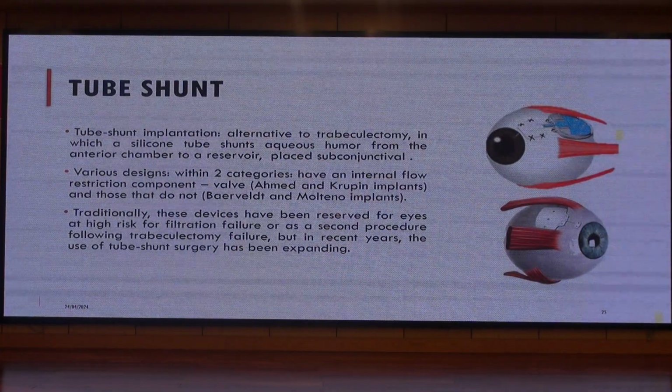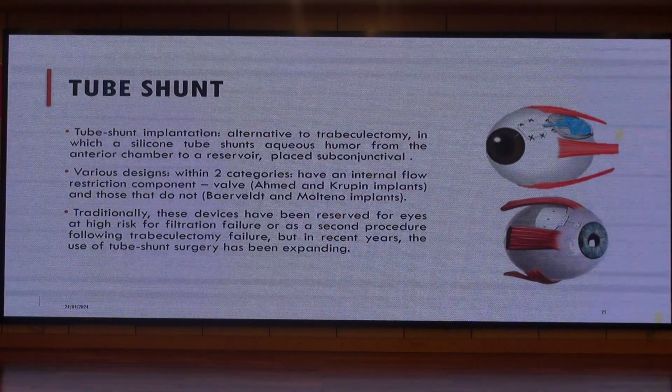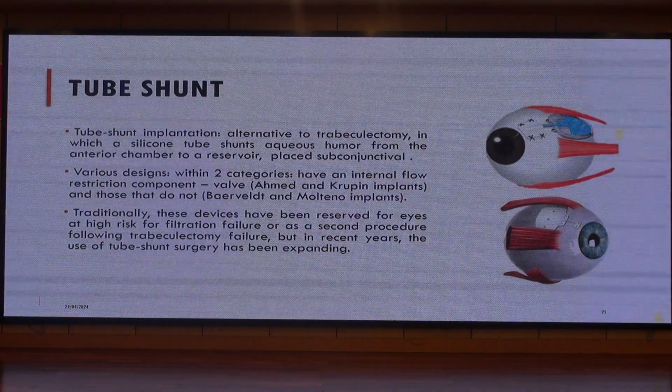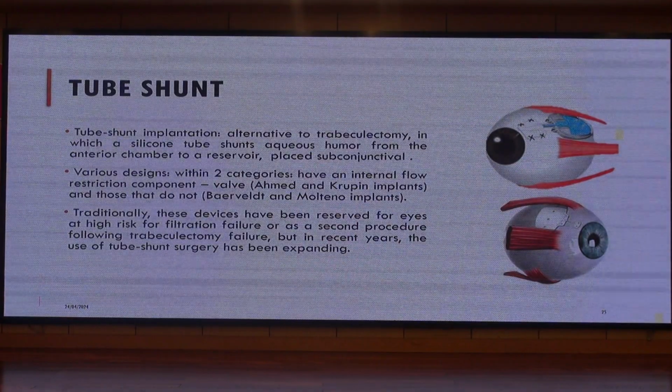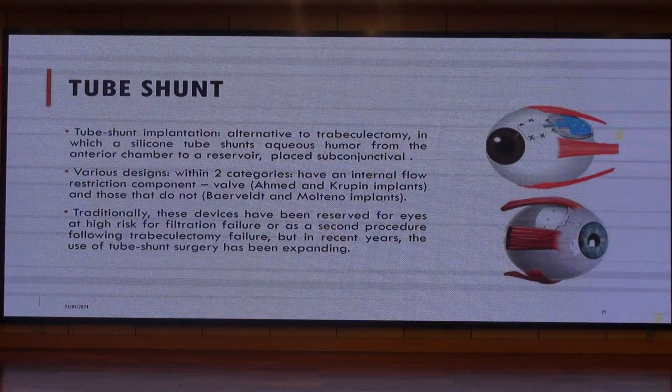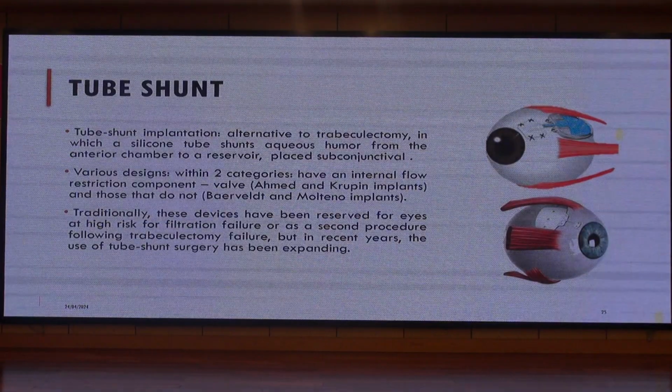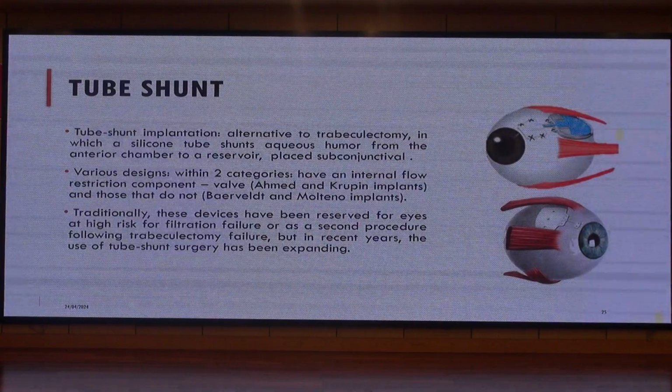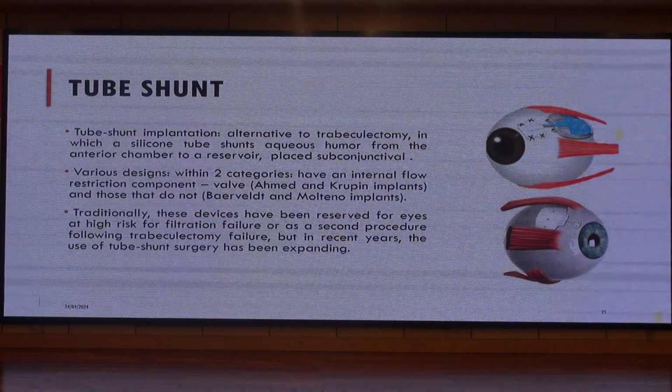Tube shunts are an alternative to trabeculectomy, in which we use a device with a silicone tube to drain the aqueous humor from the chamber to a reservoir, usually placed subconjunctivally.